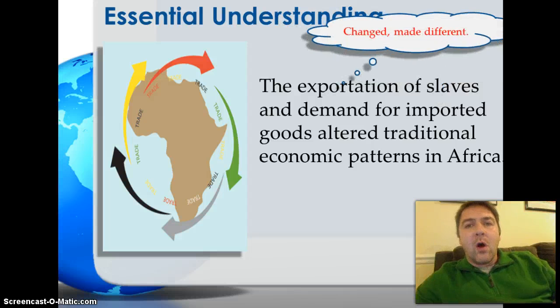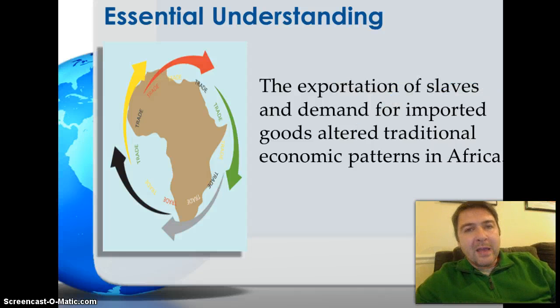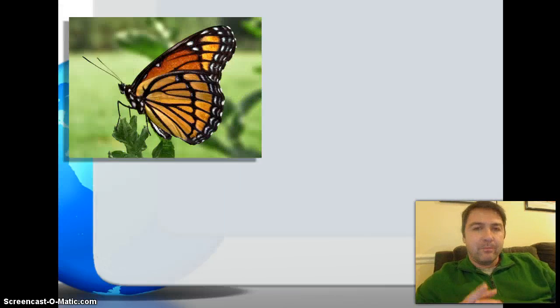And the word altered means change. To alter something is to change it or to make it different. So the idea here is that the slave trade and demand for goods made in other places is really going to change the traditional economy of Africa.